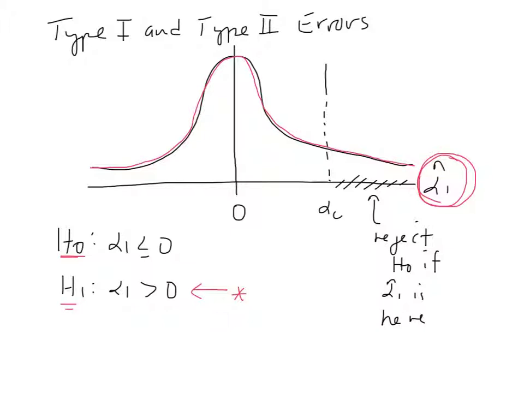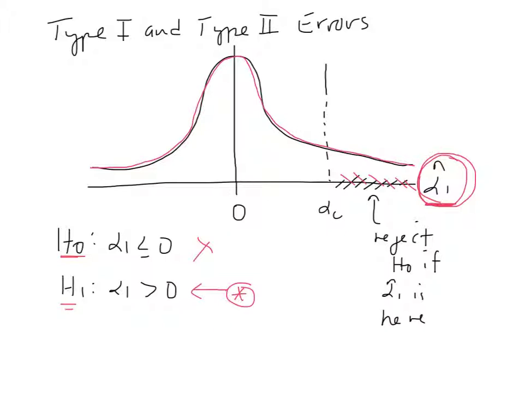And then we argued that as evidence that we should reject the null in favor of the alternative, we will take a very large alpha 1 hat. That is to say, if we estimate our model and we get an alpha 1 hat value that's sufficiently large, quote unquote, then we will be led to reject the null hypothesis that the true alpha 1 is less than or equal to 0. So that's the setup, okay?